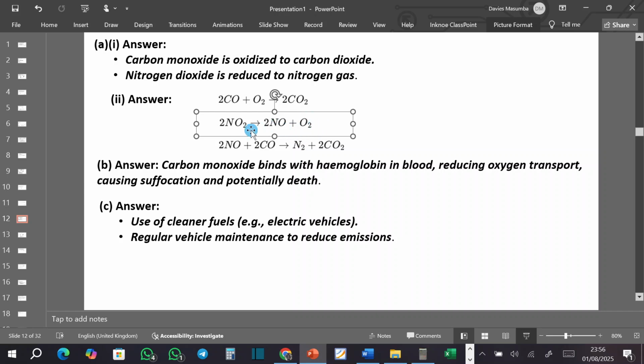Then this nitrogen oxide reacts with carbon monoxide to form nitrogen and carbon dioxide. The car engine produces a lot of carbon dioxide, which is also dangerous, but not as dangerous as carbon monoxide and nitrogen dioxide. Okay, so these are some of the reactions going on there.